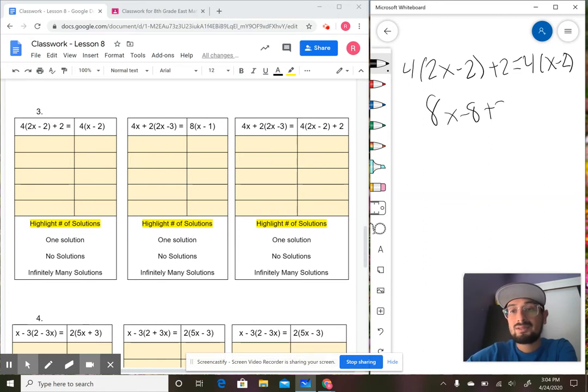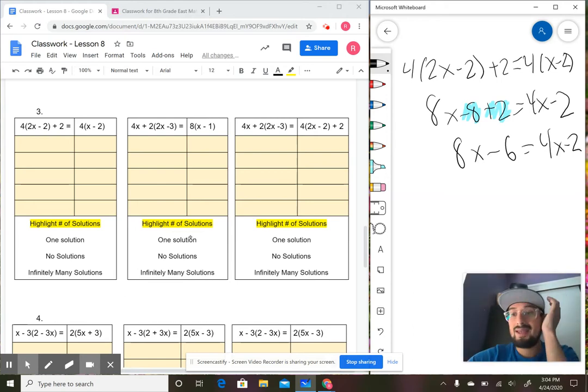And then plus 2. 4 times x is 4x minus 2. So there we have to combine like terms. These are both constants. So 8x minus 6 is equal to 4x minus 2.